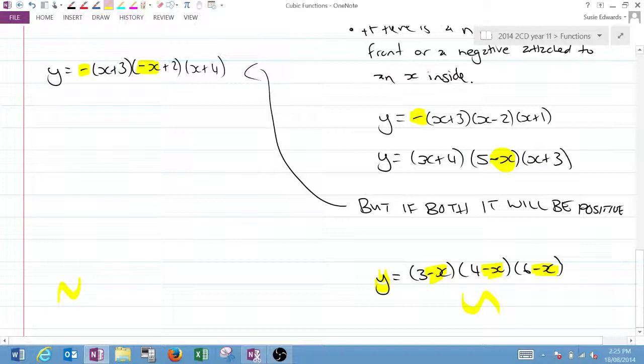No, so this one's negative. Because there's 3 negative x's. Okay? So this is 2 negative x's. Are there any questions?